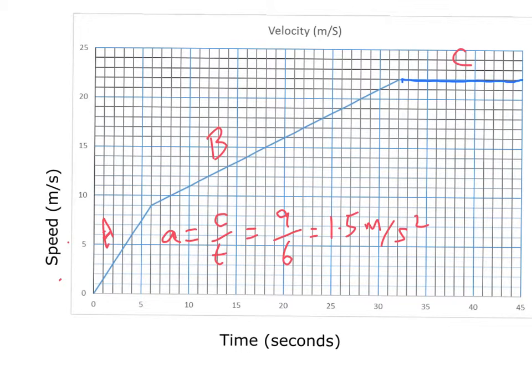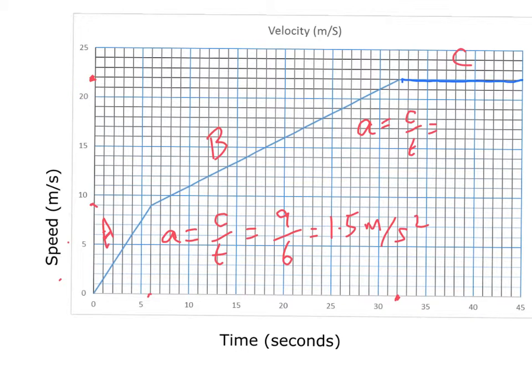And if you did the same for B, you have to be careful because section B starts here, and it finishes over here. So it's 32, take away 6 this time. So that's taken 30 seconds for section B. Now we also need to know the change in speed for this section, and it starts here, from here to here.